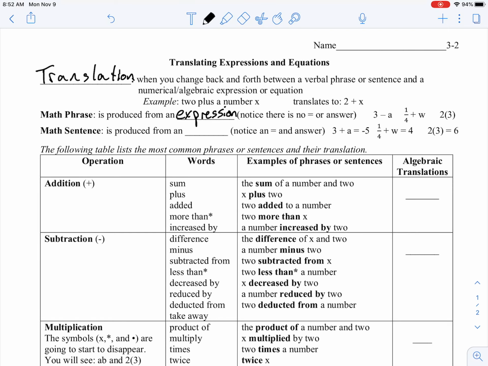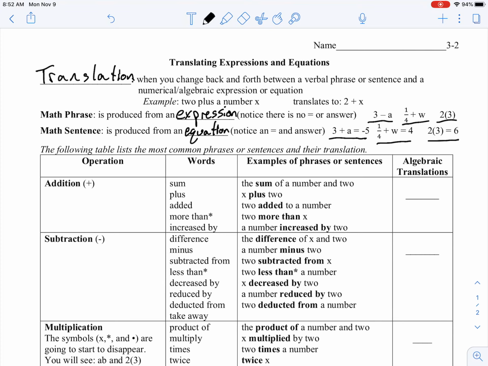So no equal sign or answer, just like we knew before. So here we have some math phrases or expressions. And a math sentence is produced from an equation. So it has an equal sign and it has an answer, just like our examples down here below.